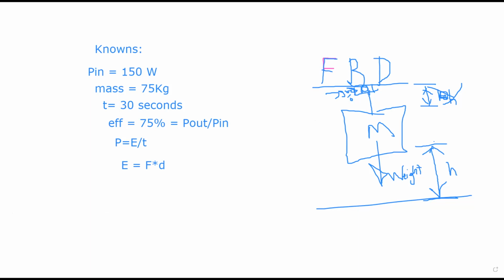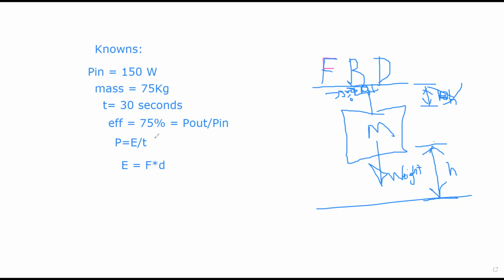Now, that's the question. So do we use P out, the quantity actually applied to the task, to figure out the amount of energy used to solve for how much it was displaced? Let's try it. Because we know P in, we don't know P out. We need to solve for P out. We know the efficiency.